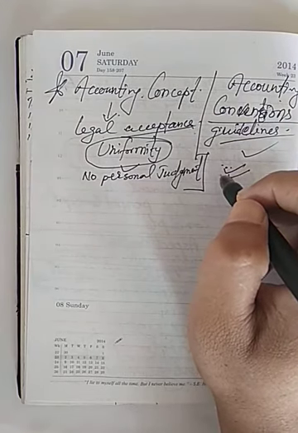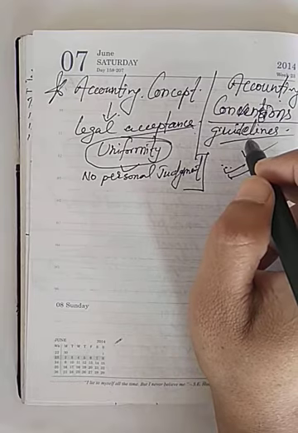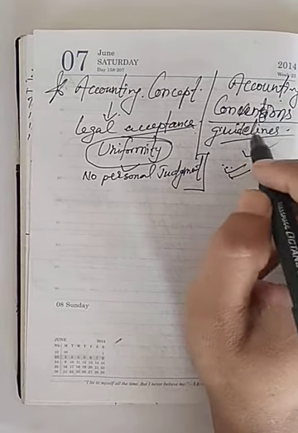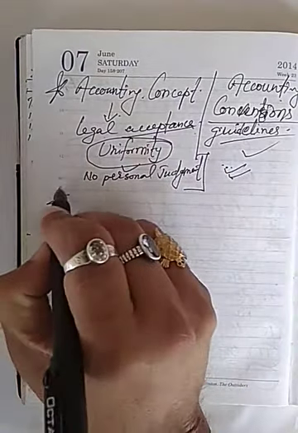So these are the differences between conventions and accounting concept.